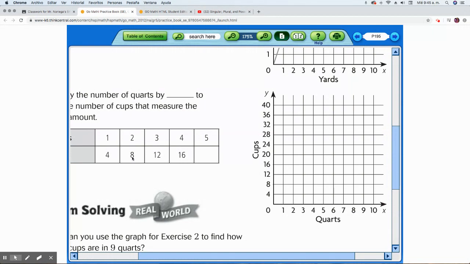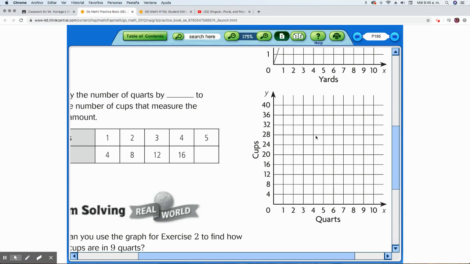Plot a point right here and label it with the ordered pair 1, 4. Do the same thing with the second ordered pair, this one, this one, and the last one. When you finish, connect all of them with line segments. Again, you can use a ruler to make your lines straight.